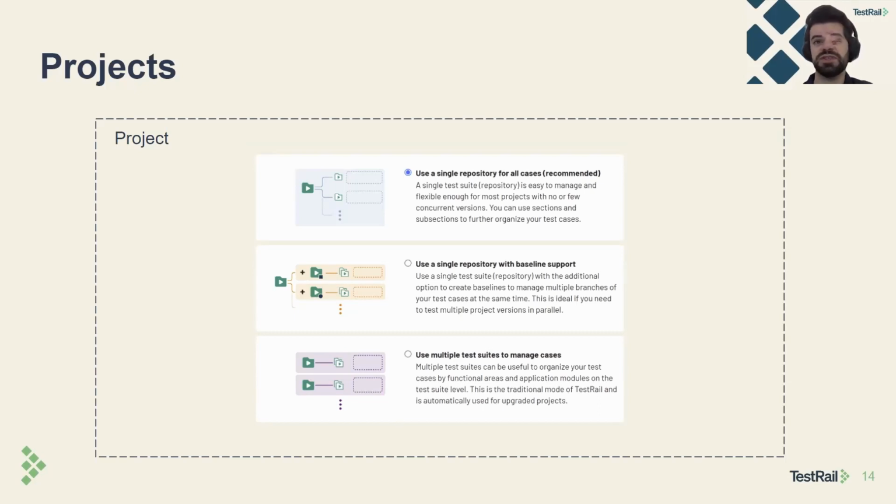So you have single repository projects, you have a single repository with baseline support, and you have multiple test suites. When it comes to API usage, the first one, the single repository, will only have one suite, while the others will have multiple suites. So you'll have to manage multiple suites. That's the only difference from an API perspective.